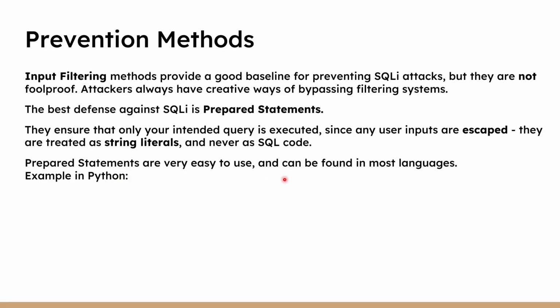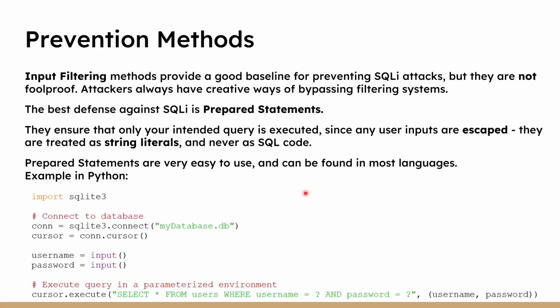They're so easy. Basically, in Python, here's an example. You just connect to your database, get your inputs, and then there'll usually be a function for executing a prepared statement. In Java, this is a bit different. I think you have to initialize a prepared statement object or something, but the idea is the same.